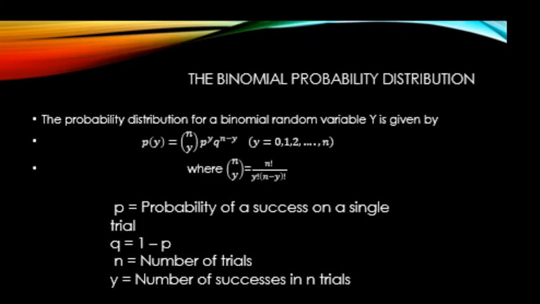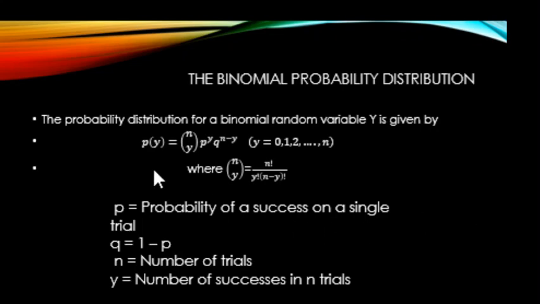So n is 10, y is 4. Y successes in n trials. This gives a generalized formula for finding this probability without having to come up with a sample space every time, without having to count the number of trials separately, because the formula includes that.